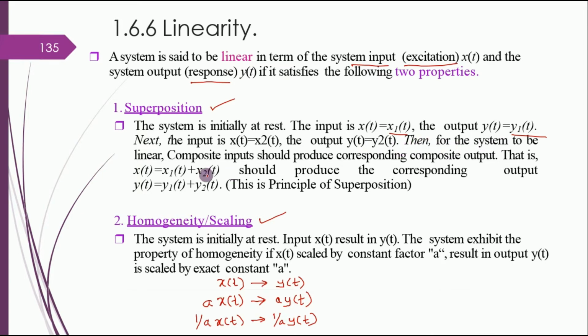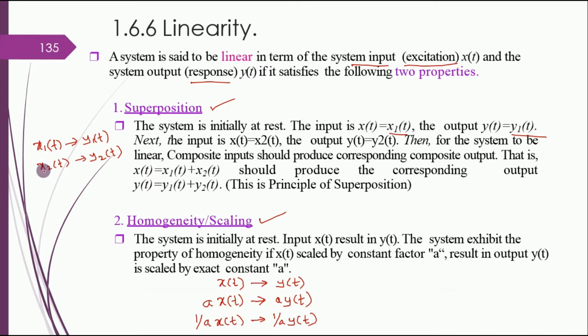Then for the system to be linear, the principle of superposition tells that the composite input should produce the corresponding composite output. So when I applied x1 of t, I got y1 of t. When I applied x2 of t, I got y2 of t. Let me write it here. When I apply x1 of t, I get the output y1 of t. When I apply x2 of t as the input, I get the output y2 of t.